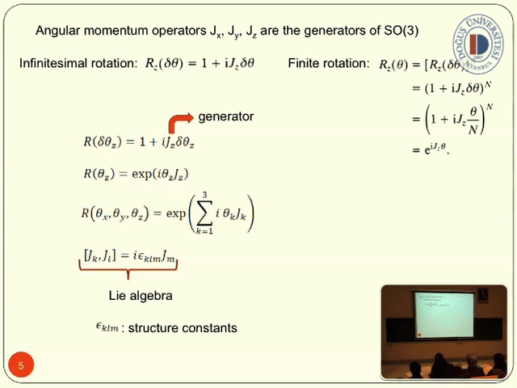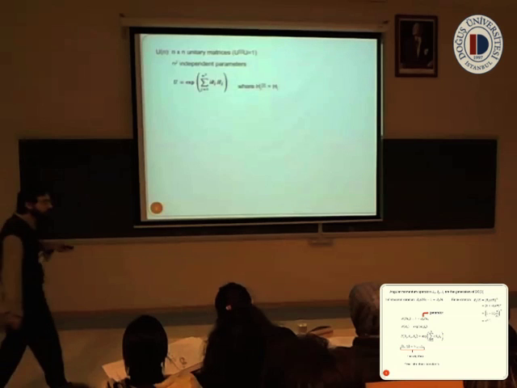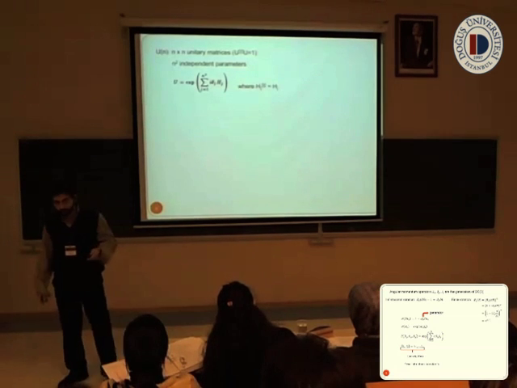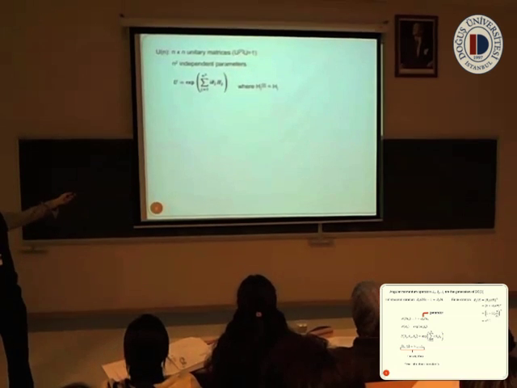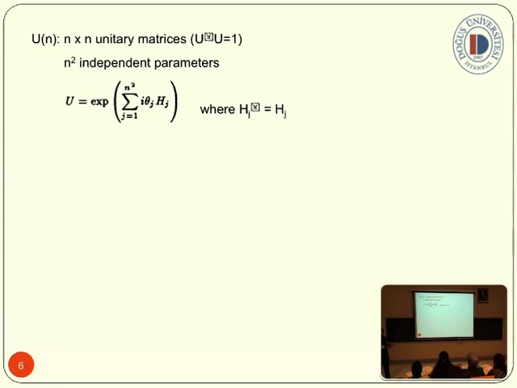Now let's move on to the group of unitary matrices. This is supposed to be a dagger. Right? So U is a unitary matrix. In n dimensions, the group of unitary matrices is called UN. There are n square independent parameters for the UN group. Right? Now, a unitary matrix has complex elements.